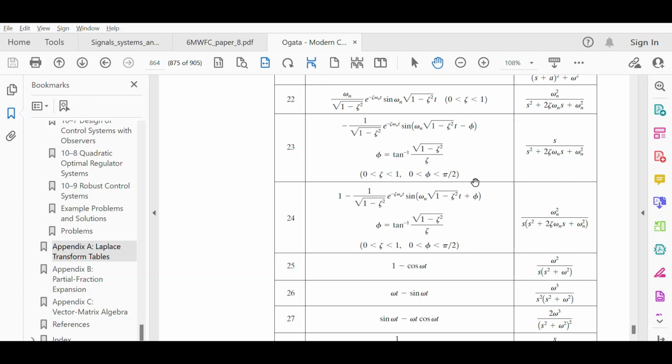Here we have the sine that causes the oscillations and the exponential that decreases the amplitude of these oscillations. This case, in which the damping coefficient is below 1 and thus the poles of the transfer function are a pair of complex conjugates, and consequently there are oscillations in the unit step response, is called the underdamped case.